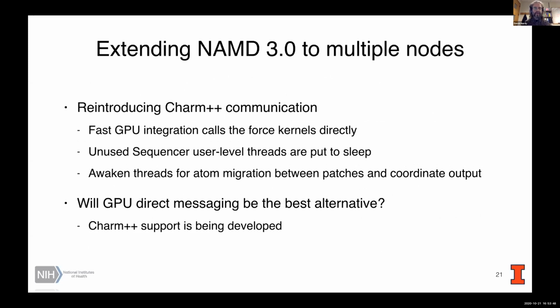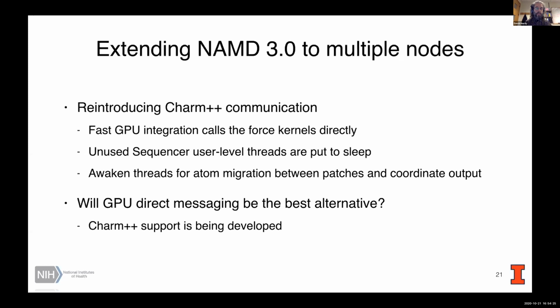And I need to say that the way we got great performance on just a single GPU was to remove some of NAMD's infrastructure that involved the Charm++ handling of, say, the force calculation out of the way. And so what we did here was we had these GPU integration kernels call the force kernels directly.